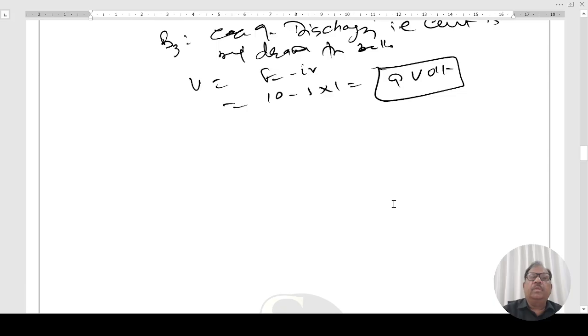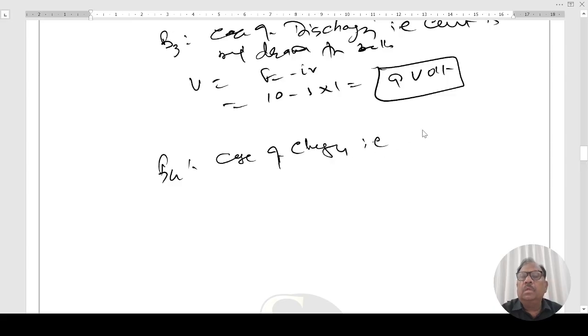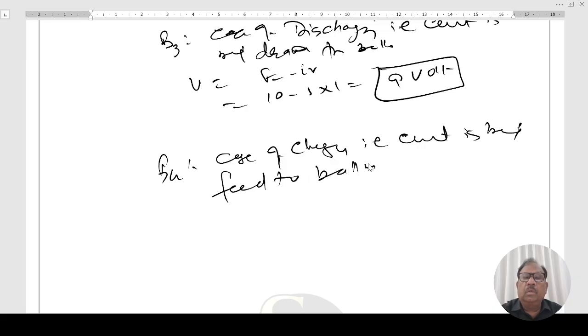Now, case of B4, case of charging. That is, current is being fed to the battery. In that case, V equal to E plus IR.